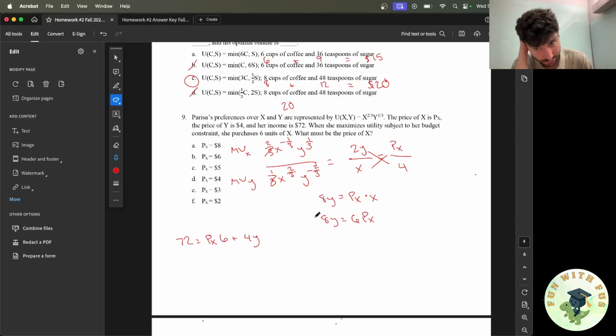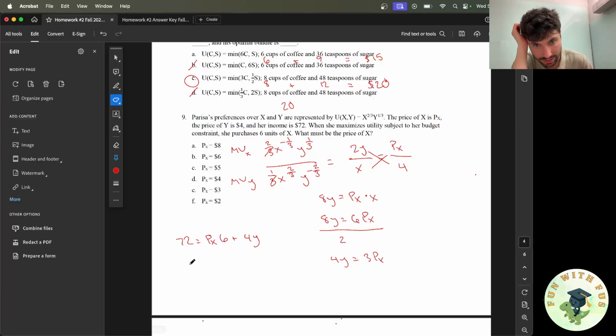What I would do personally is divide both of these by 2, because I want to match this 4y over here. So that would get me 4y is equal to 3 price of x.